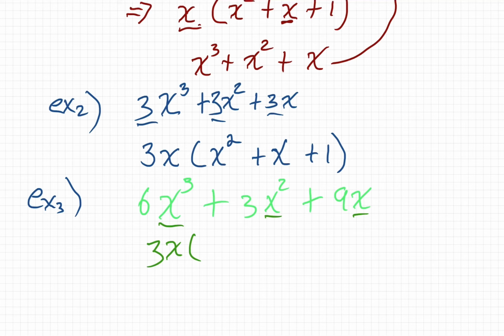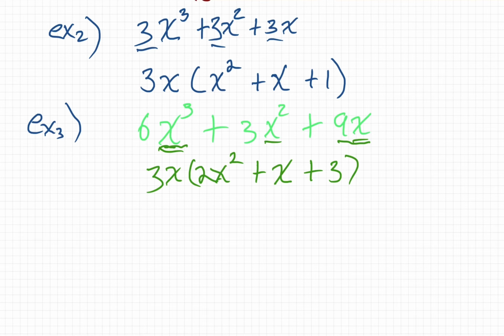Since you factor out a 3x from the first term, you would have 2x squared, right? Plus, you factor out 3x from this 3x squared, which is just x. And we factor out a 3x out of this 9x, so basically just divide the 9x by 3x, which is just 3.